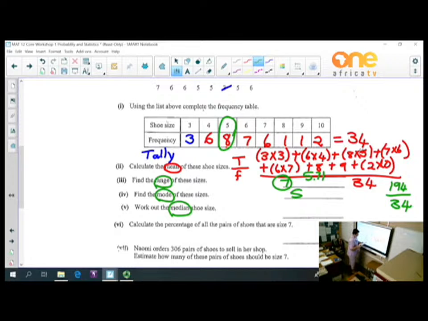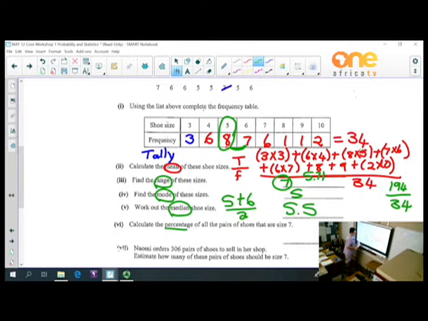So it means that one will be in this group here. Now it lies between these two. So we will have then 5 plus 6 divided by 2, and the answer is 5.5.